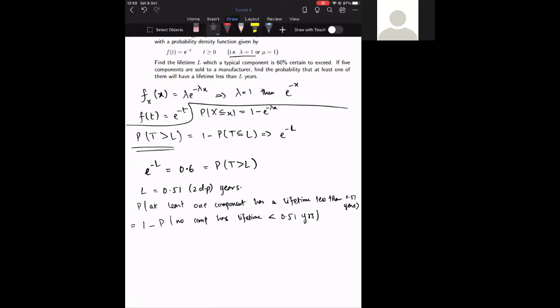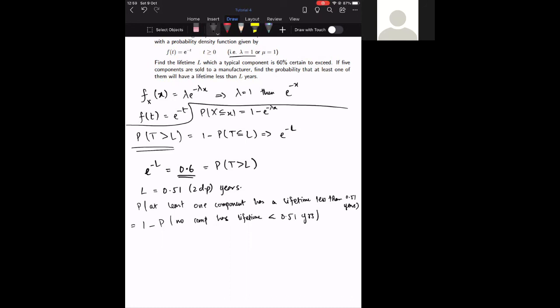If no component has lifetime less than 0.51 years, that means all 5 components have a lifetime that is greater than 0.51 years. We know the probability of T greater than 0.51 is equal to 0.6.